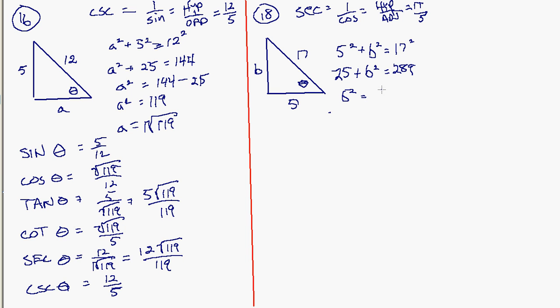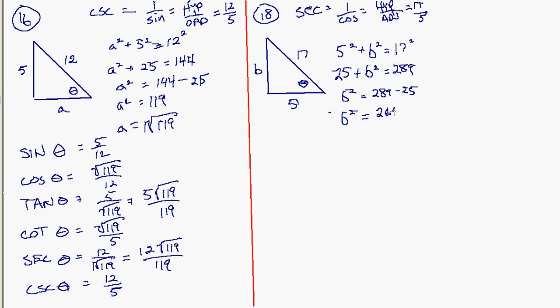So b squared is equal to 264. Or b is equal to the square root of 264.